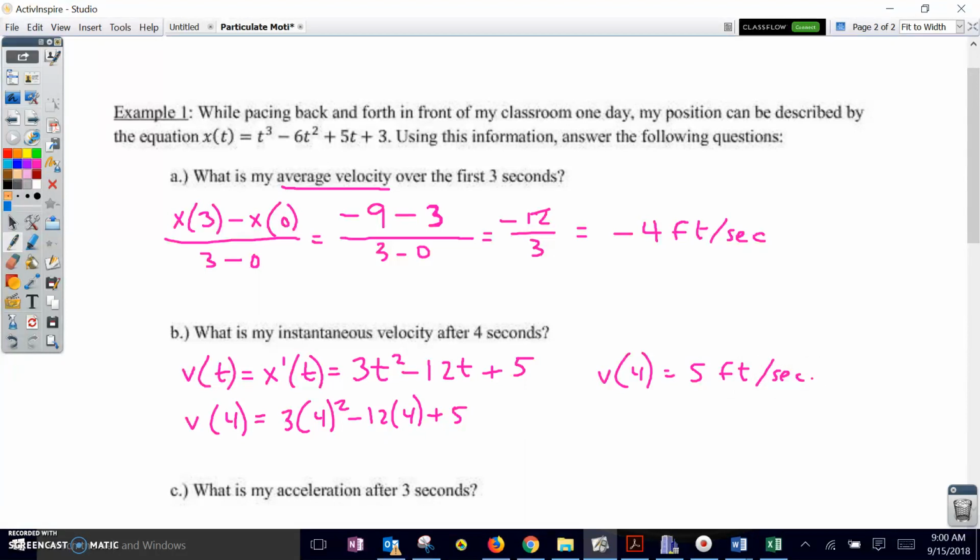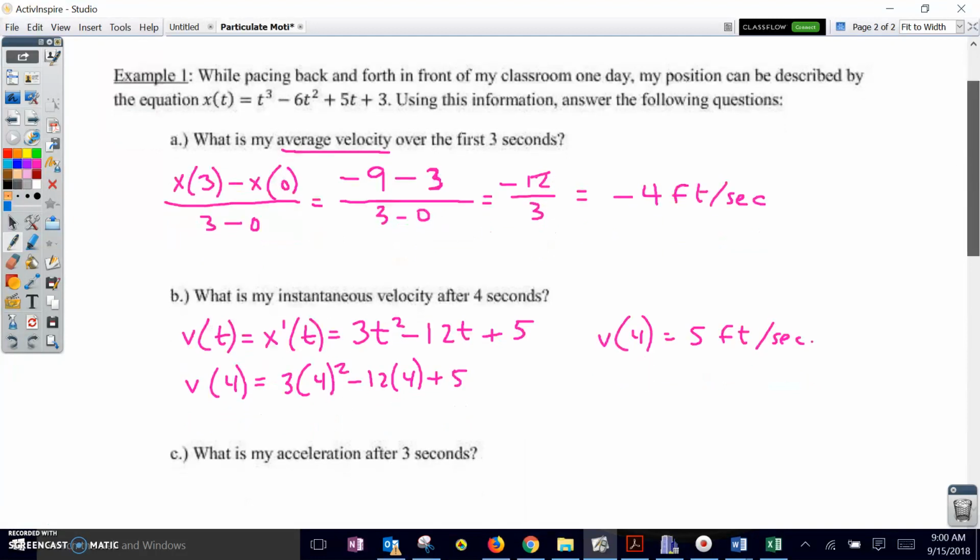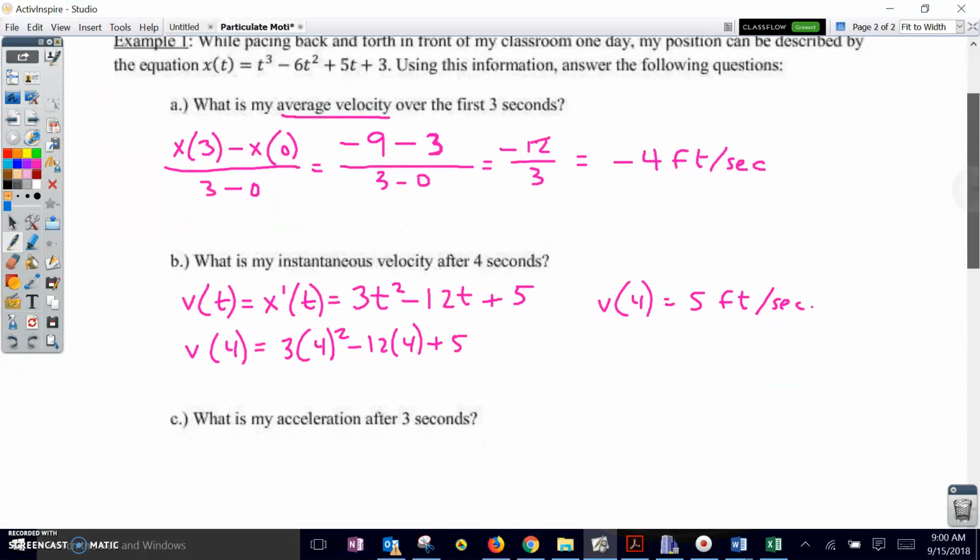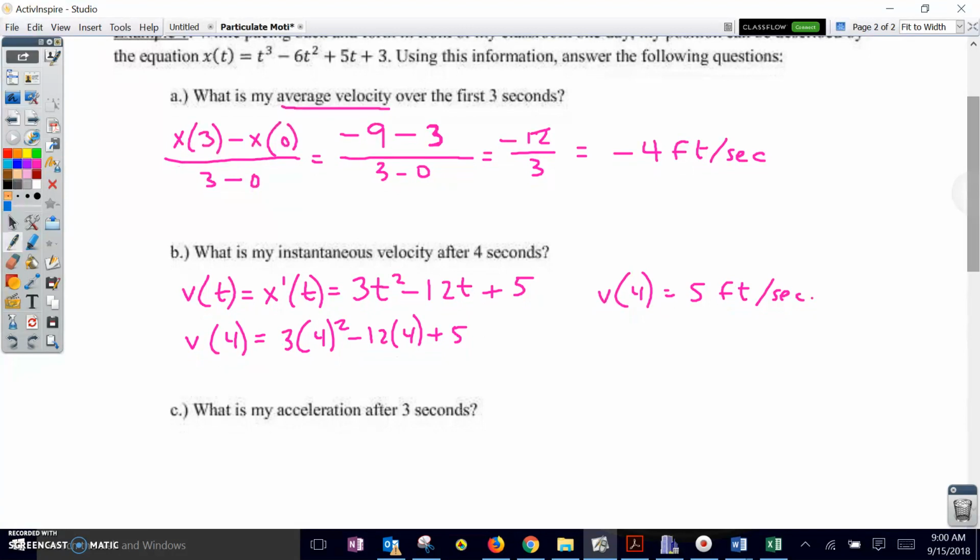All right, the next question. What is my acceleration after 3 seconds? So in order to get that, I need my acceleration function. Acceleration is the derivative of velocity. And so I'm going to take the derivative of my velocity function that I found in part B, and I get my acceleration function.